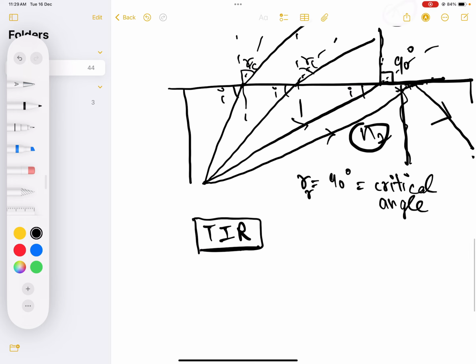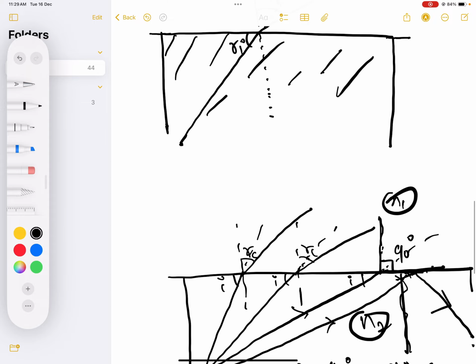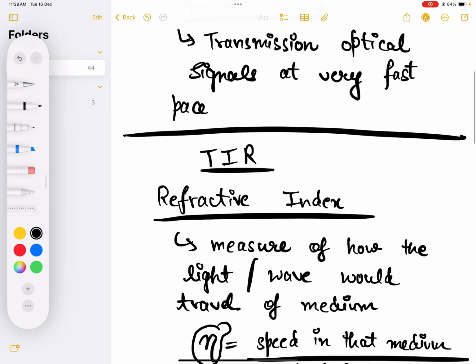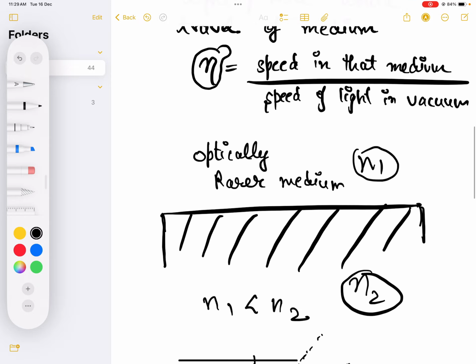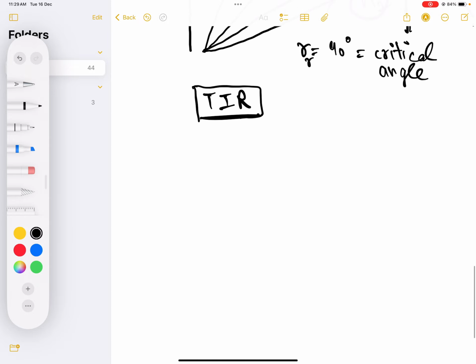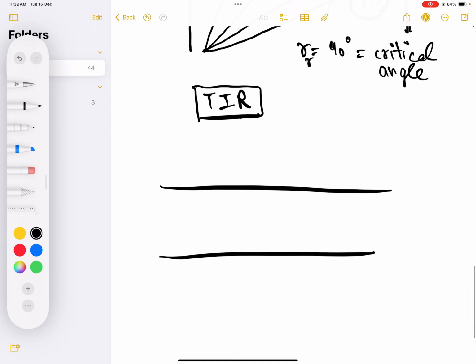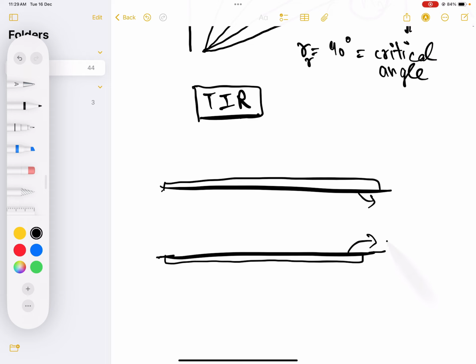So how does TIR help us in different applications? For example, we discussed a few examples such as optical fibers. What an optical fiber has are two layers, with the interior one having a refractive index greater than the outer one.